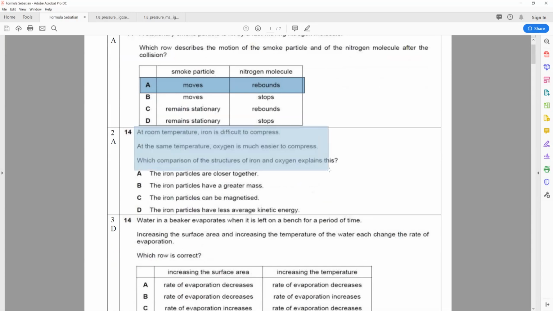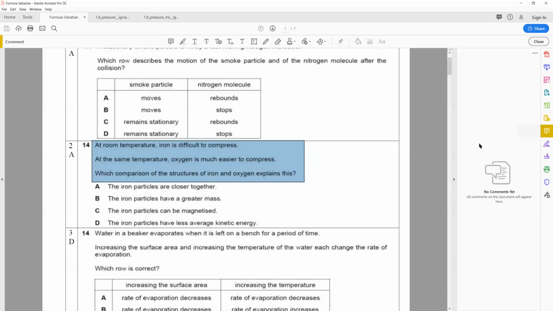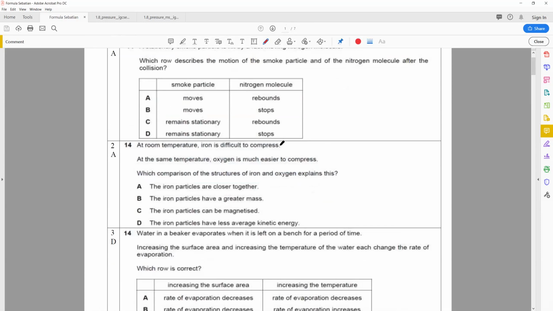This kind of question, guys, is very straightforward and it's going to be a standardized question. Like I mentioned last week, the reason why we can compress oxygen is because it is a gas. In gases, there is generally a lot of space in between each and every molecule, meaning to say when we compress it, it can easily be compressed. Whereas iron is generally a solid.